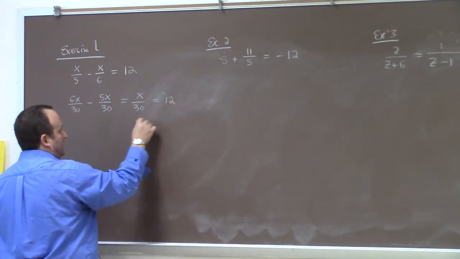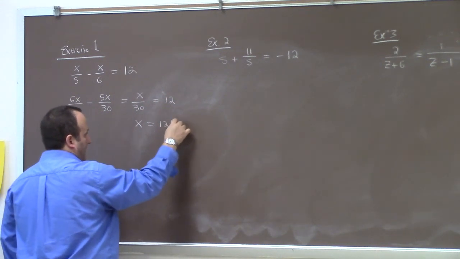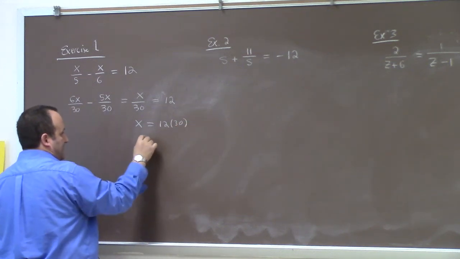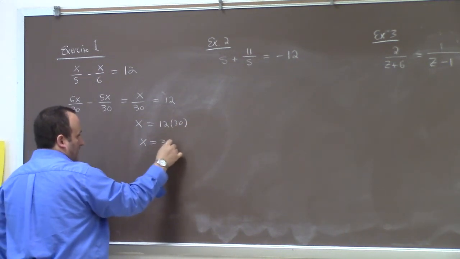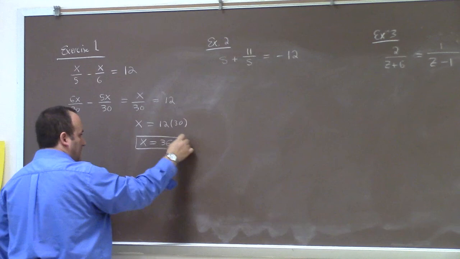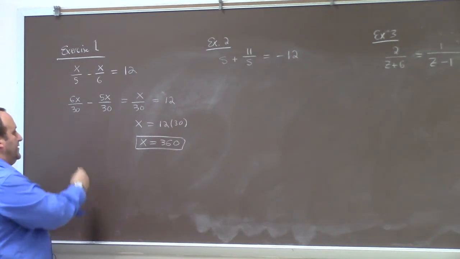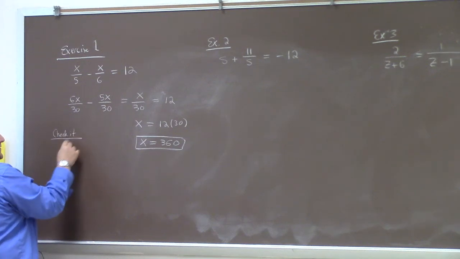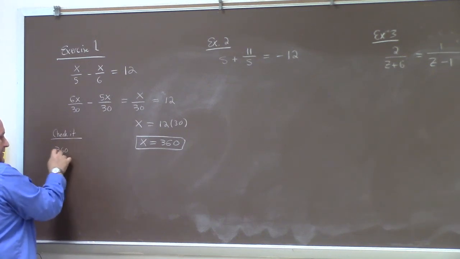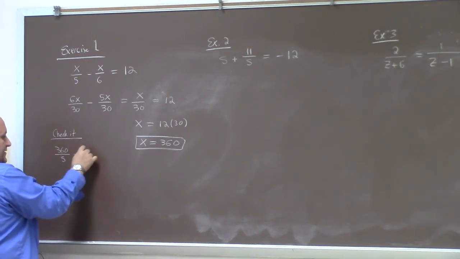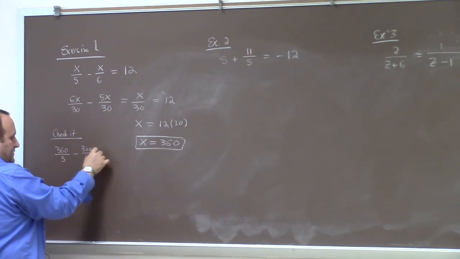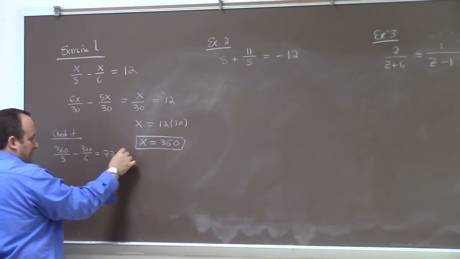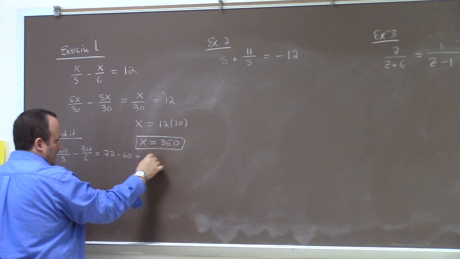So x is equal to 12 times 30, so x is equal to 360. And of course we could check, right? 360 over 5 minus 360 over 6 is 72 minus 60, which is 12.